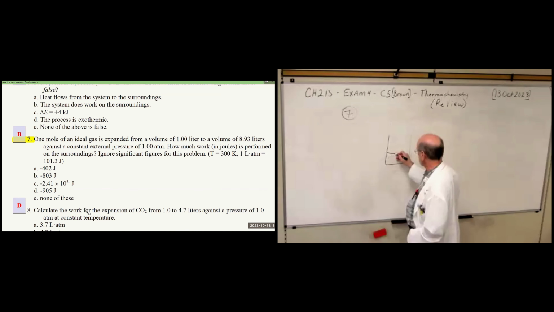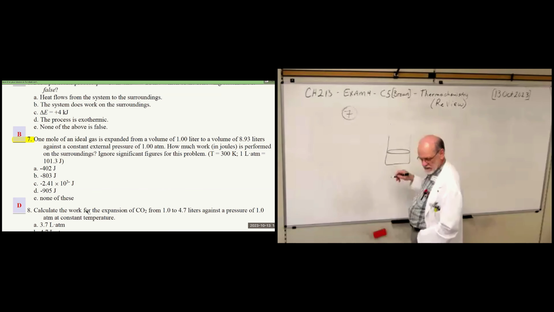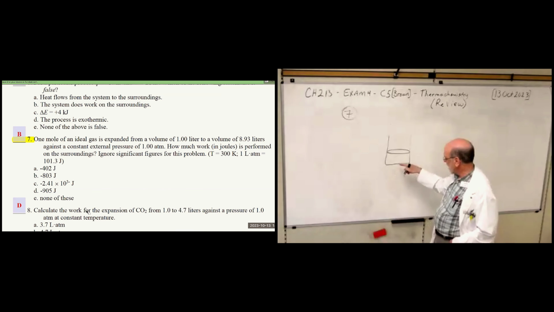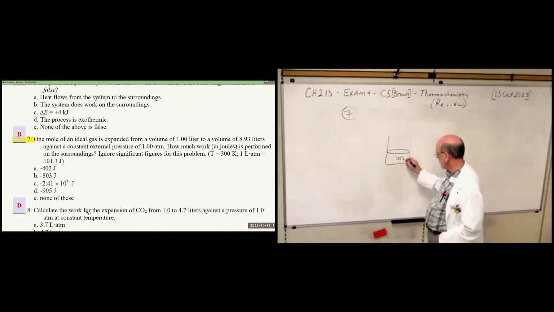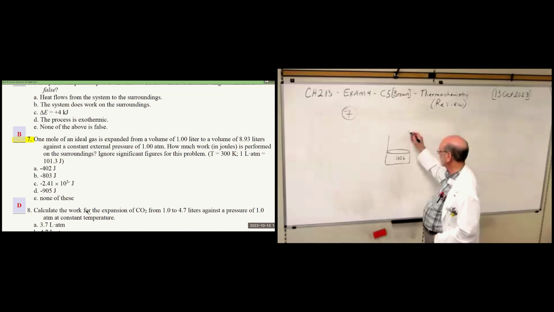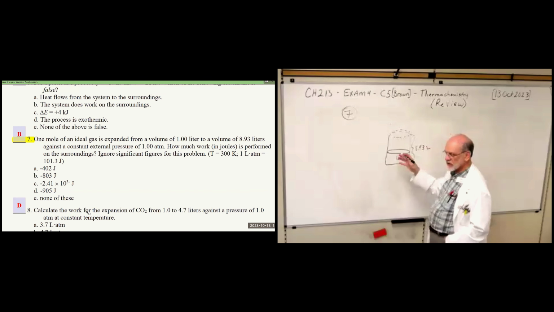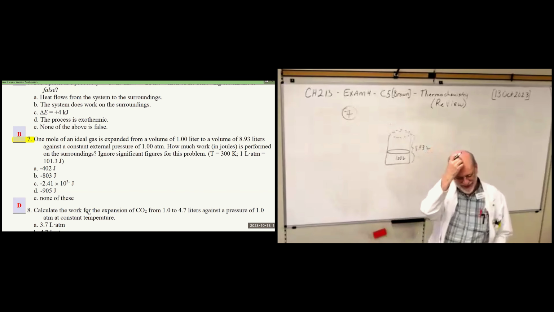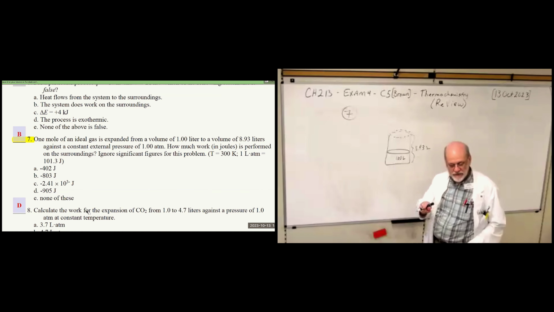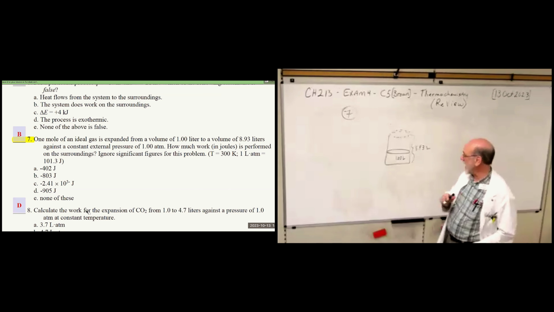So we got a piston here, right? And the volume inside here is 1 liter. And then it's going to expand to here. And the volume inside here is 8.93 liters. That's not to scale. Under a constant pressure of 1 atmosphere.